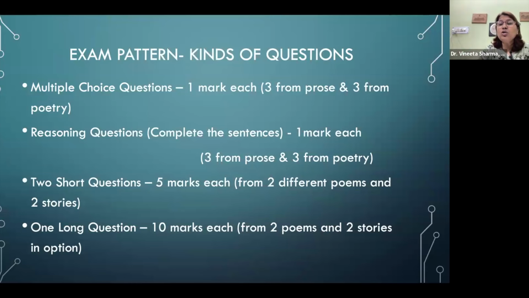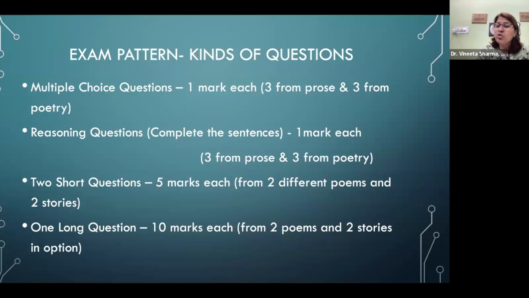Then again, 1 long question has to be attempted for 10 marks, 1 from the story and 1 from poetry. But now please understand, in this 1 question, you will be given a choice. So this is the only question where you are getting a choice. All right. So in totality, you are going to get 4 stories and 4 poems.